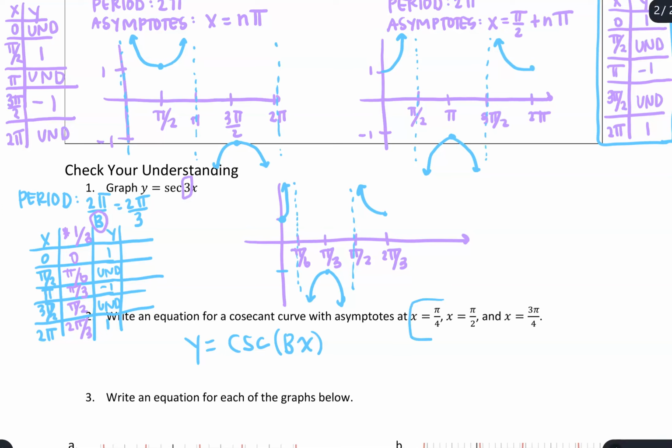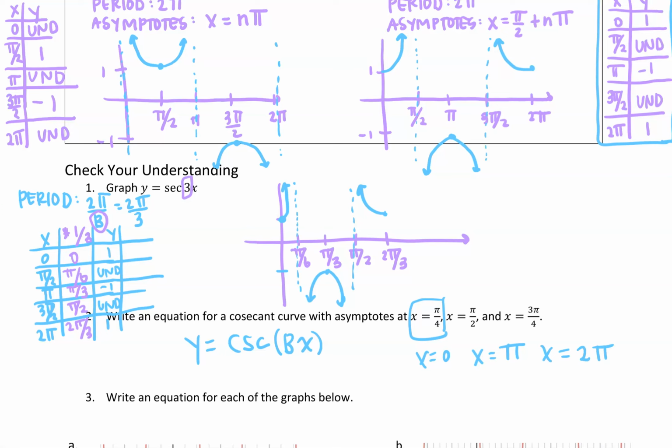So my first asymptote happens at pi over 4. Where does your first cosecant asymptote happen? At 0. Yes? And then your next one happens where? At pi. And then your next one happens where? At 2 pi. Okay.